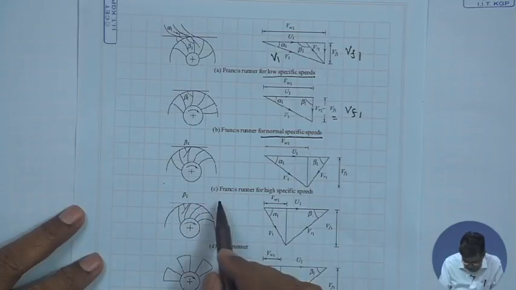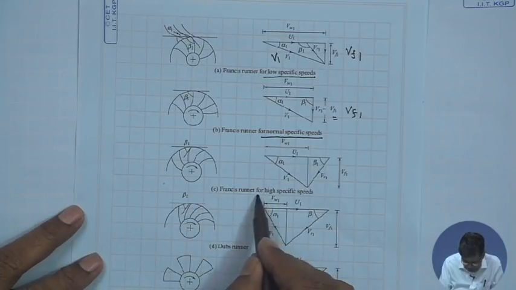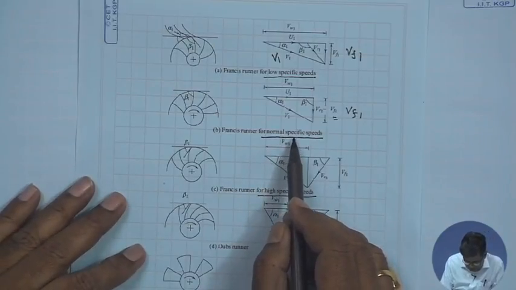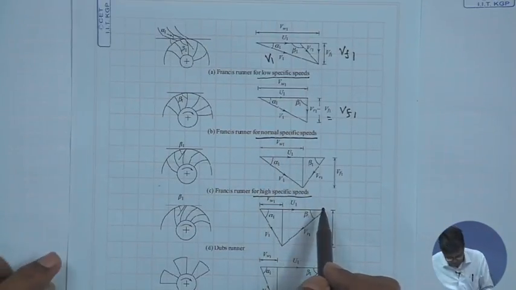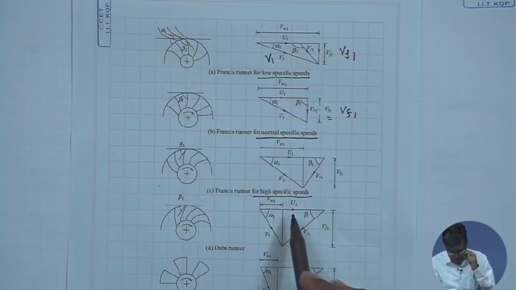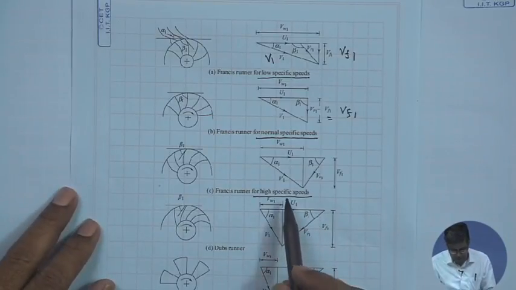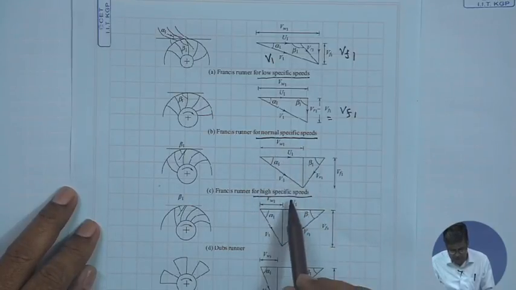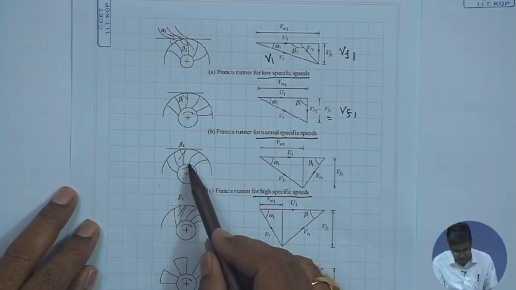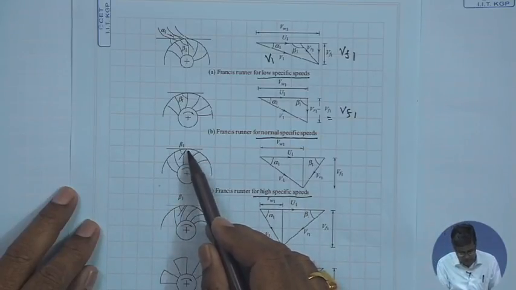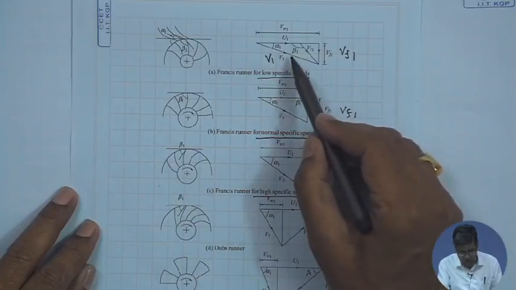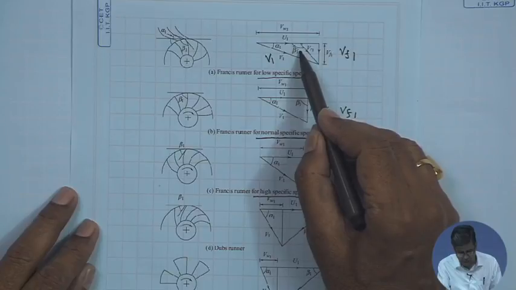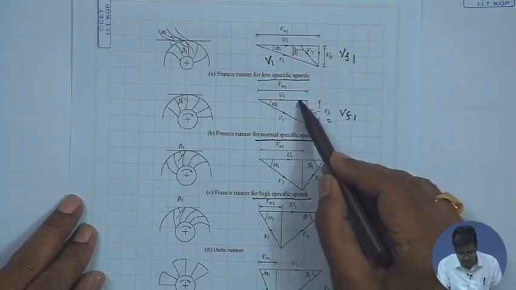Similarly, you see this is a Francis runner for high specific speed, that means from normal specific speed to high specific speed, when the head is still lower. There is an increase in specific speed, and the runner blade is made in such a way that this angle beta 1, which you see in the tangential direction, which was obtuse, has now become 90 degrees.